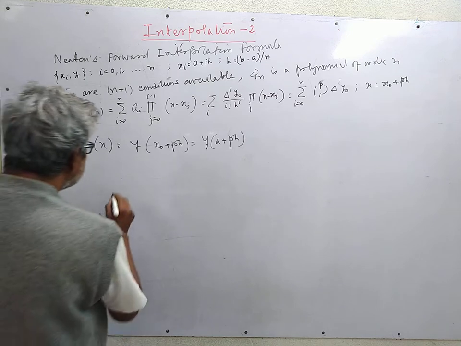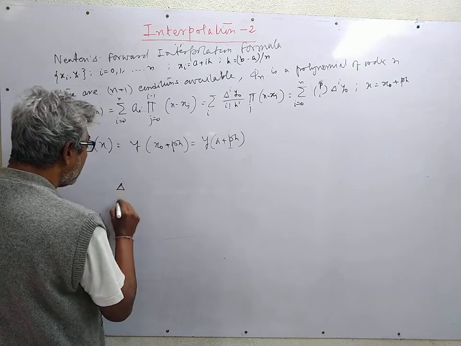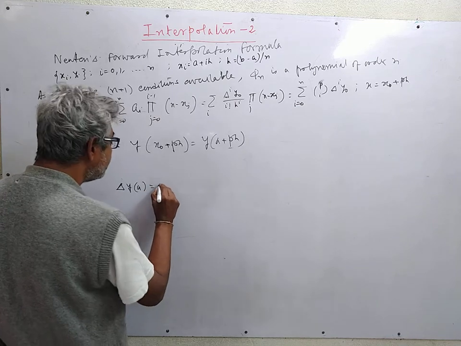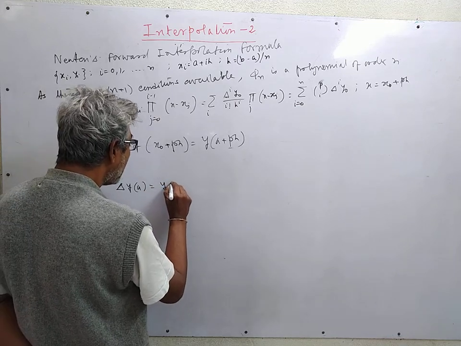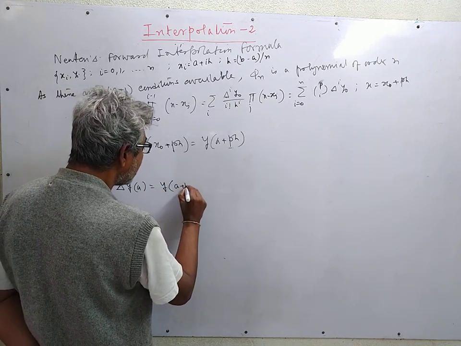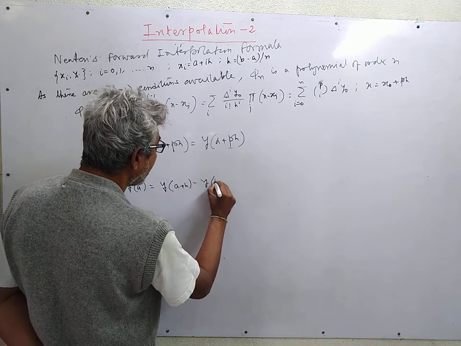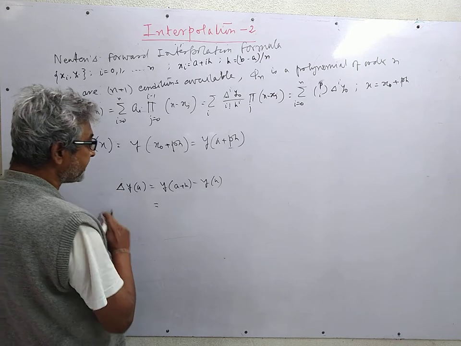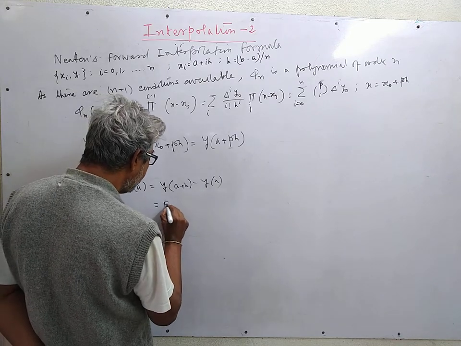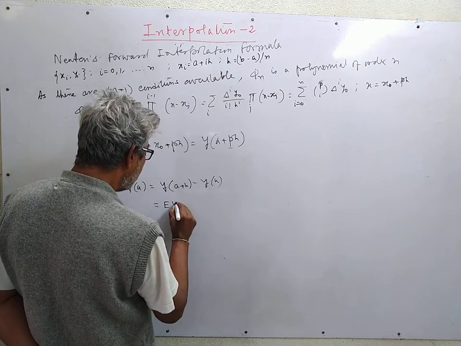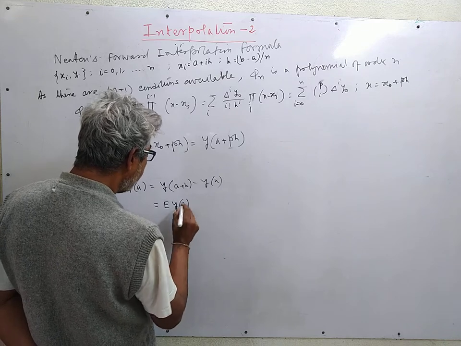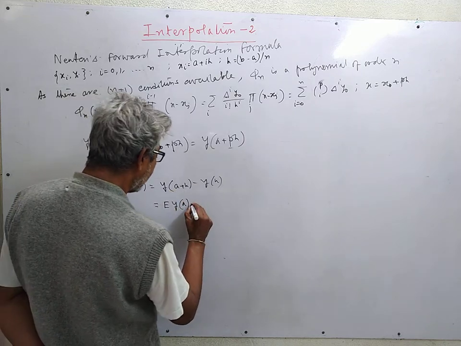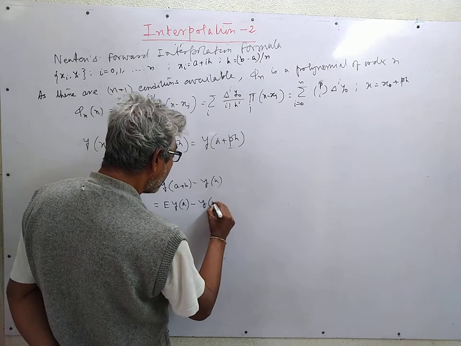We know delta of y of a is equal to y of a plus h minus y at a. There is another operator besides the difference operator, called the increment operator, which simply increases the x value by h.